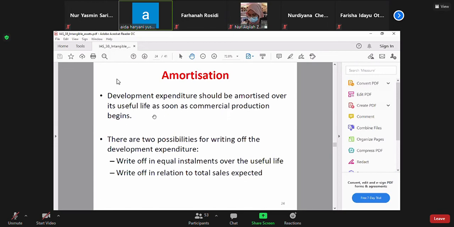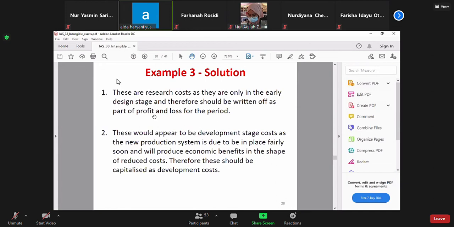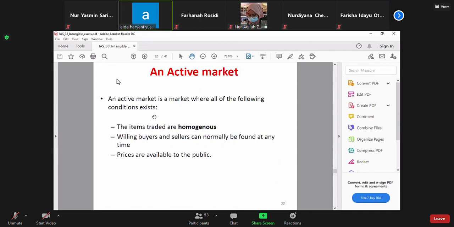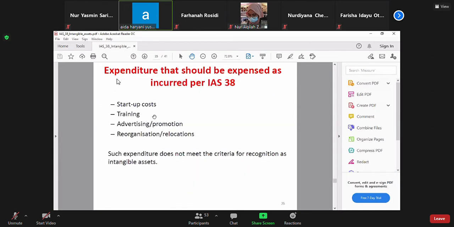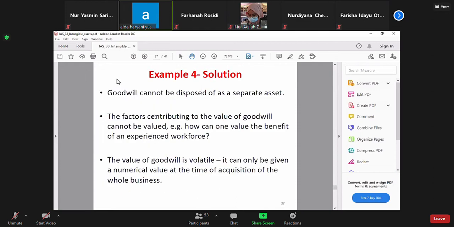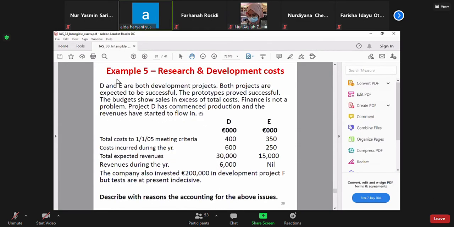So if you look at the question, you can say that project D has commenced production. So for project D, you have to calculate amortization. Okay? But for E, you do not need to calculate amortization yet.